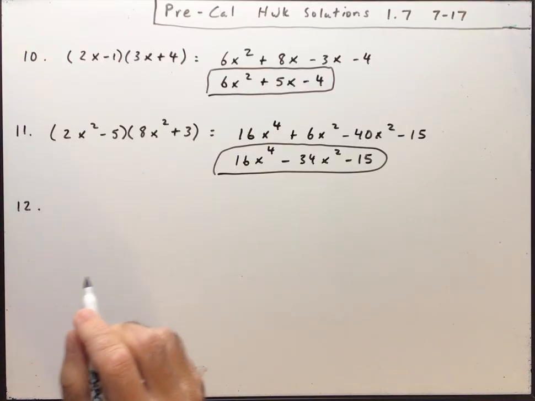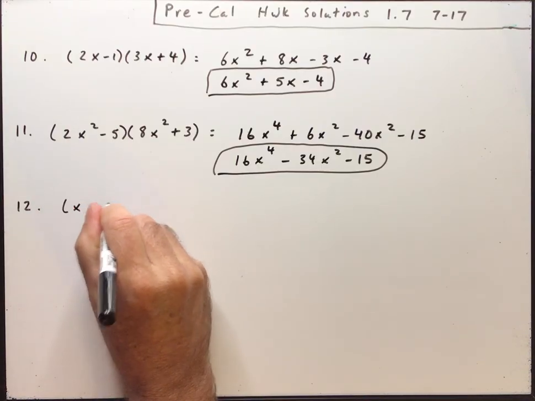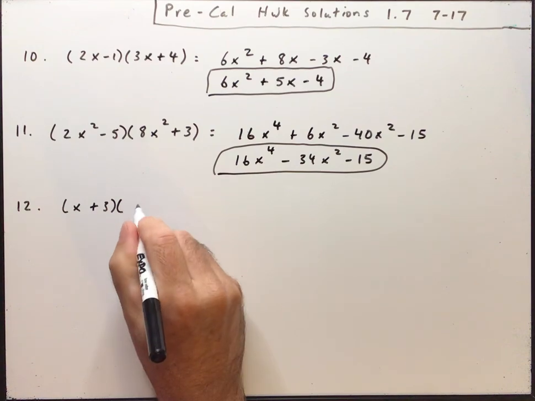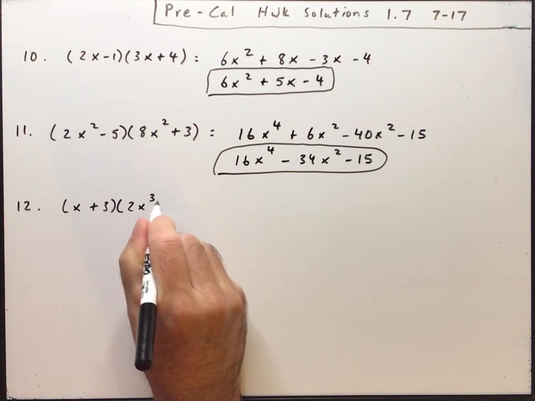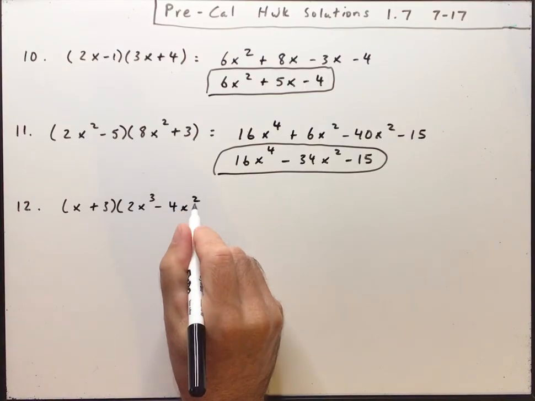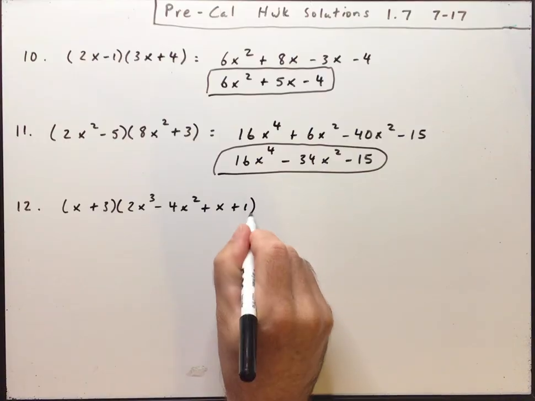Number 12. All right, we're going to multiply some large polynomials here. So we've got x plus 3 times 2x cubed minus 4x squared plus x plus 1.